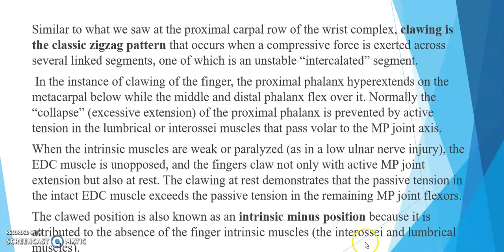So the EDC becomes hyperactive, and the muscles that are absent in function are the interossei and the lumbricals. Their function is absent, so this leads to hyperextension, and this leads to clawing.